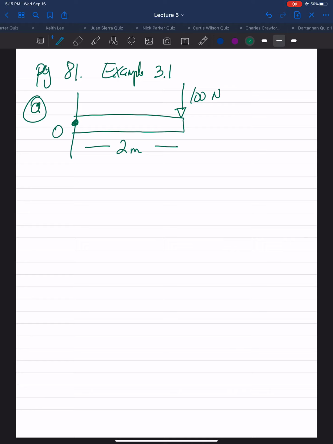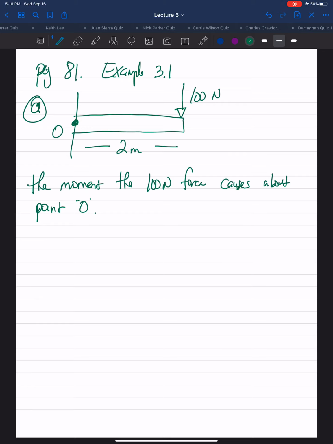So the moment of this force, let's write it out so we can understand what we're saying. The moment the 100 Newton force causes about point O. That's the question.